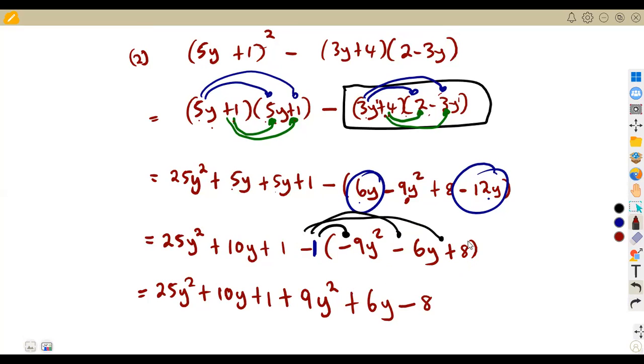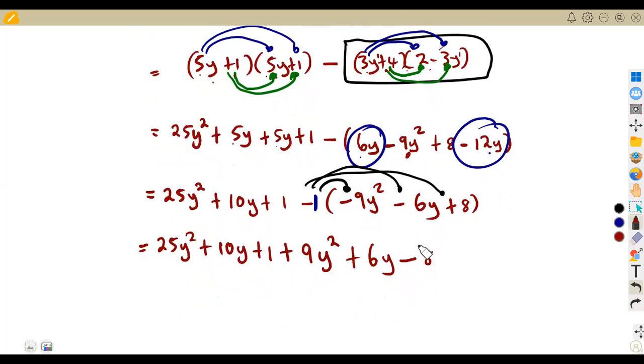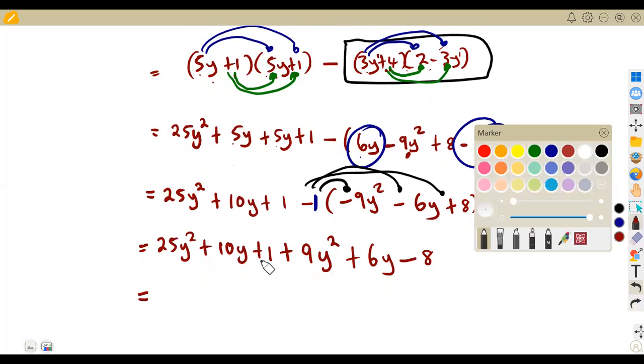What is going to expand the bracket is the negative 1. So this first part remains as it is, but the part of this bracket is to be affected by negative 1. From there, we can see that we have got like terms to consider.